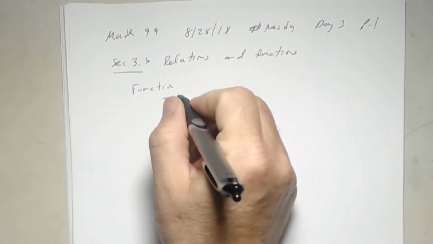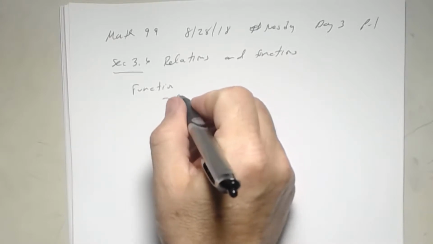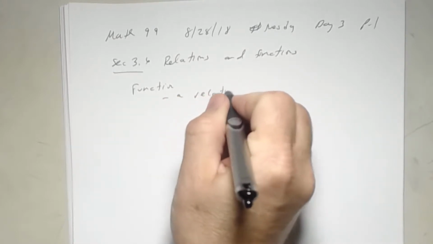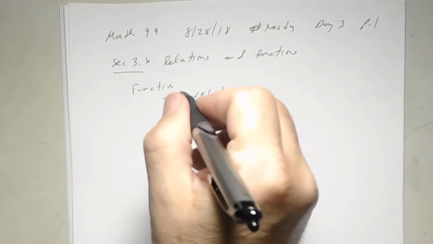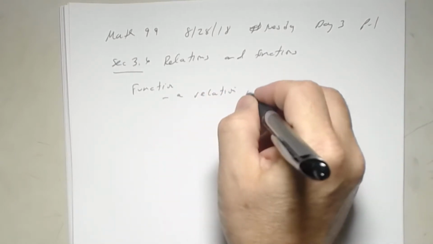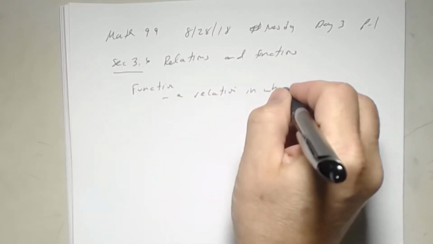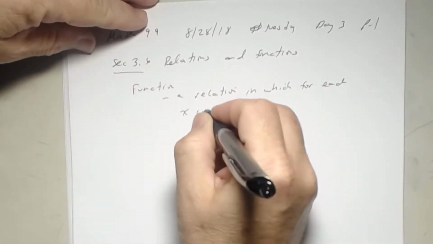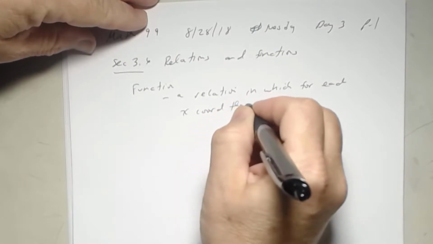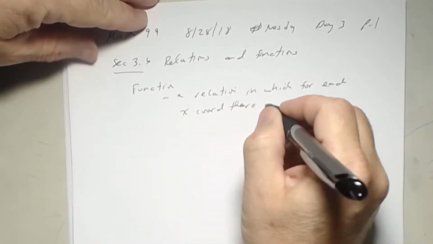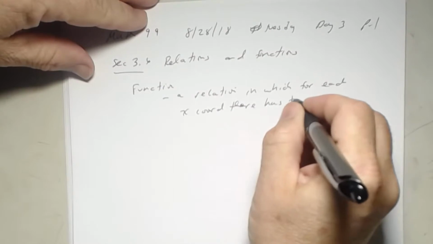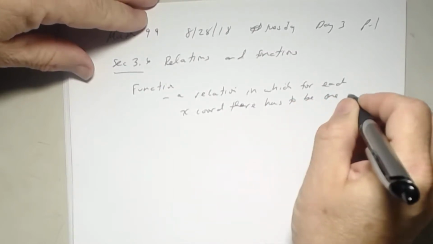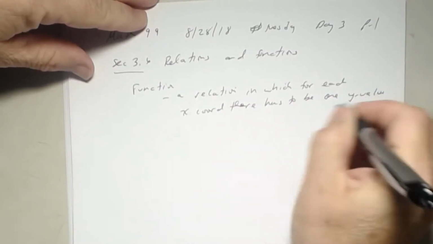Be a little bit more specific. So it is a relation in which for each x, there has to be exactly one y value.